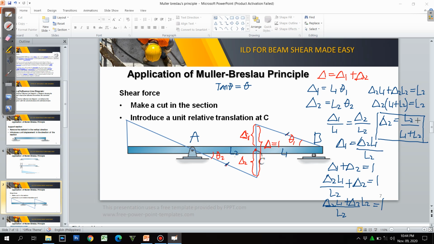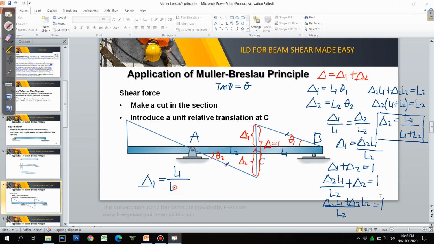So actually, we do not need to memorize this one. Just bear in mind that these two slopes are parallel to each other and that is equal to 1. Just take a look at the triangle here. You can get it right. Say if we have delta 1, just get the length here, and then divide it by the total length covered by the enclosure of these two reactions.